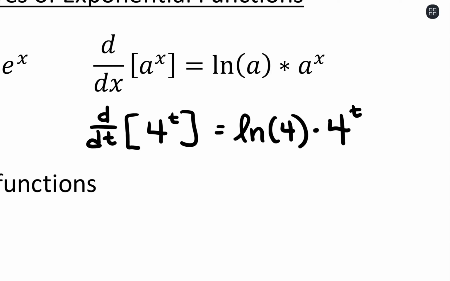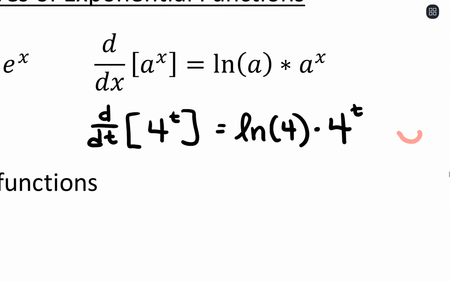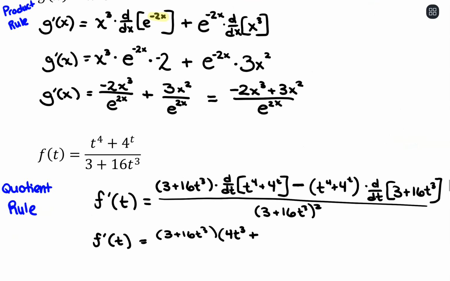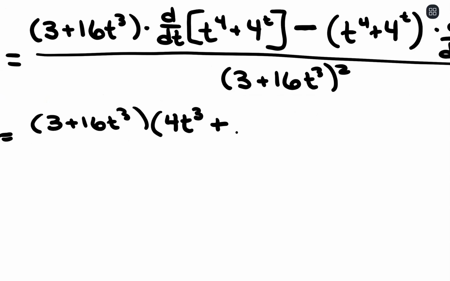And we don't have the chain rule here because there wasn't anything extra going on in the exponent. But if that was like 2t, then using the chain rule, you would multiply on the derivative of 2t, which is 2. So that could happen. All right, so the derivative of 4 to the t is natural log of 4 times 4 to the power of t.